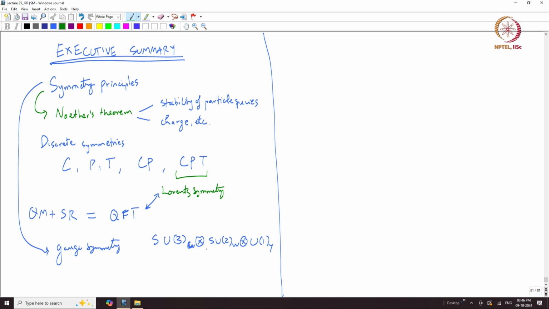And once we did that, we actually had to break part of the symmetry to get electromagnetism. Hypercharge and the SU(2) had to be broken in order to get electromagnetism, which describes QED, right. And in that process we also got masses for the weak gauge bosons and so on.